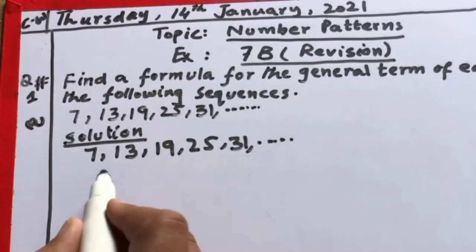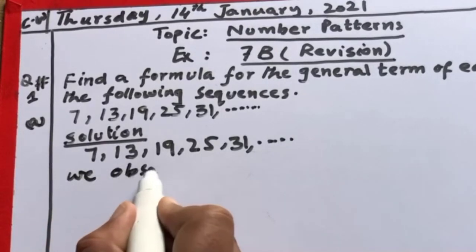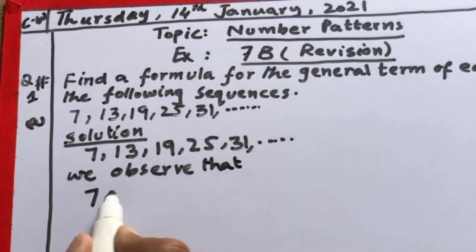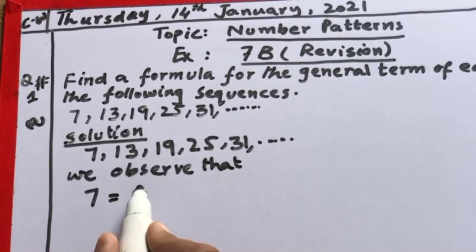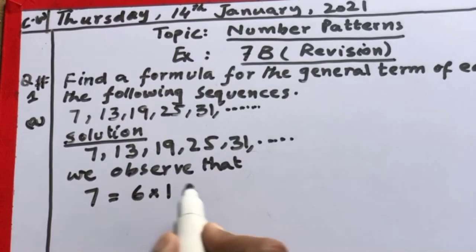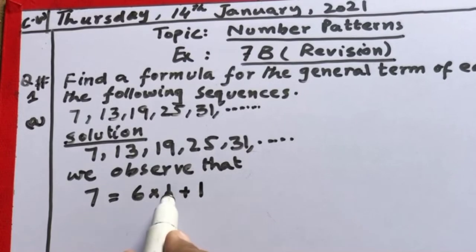If we observe that 7 is equal to, if we multiply 6 by 1 and add 1 in it, so it becomes 6 ones are 6 and plus 1 becomes 7.